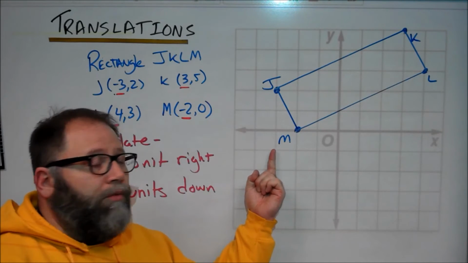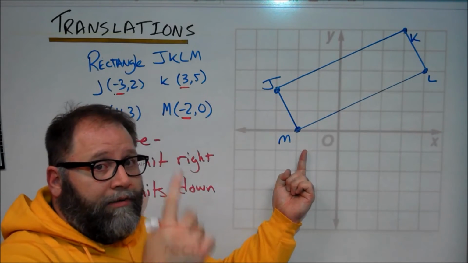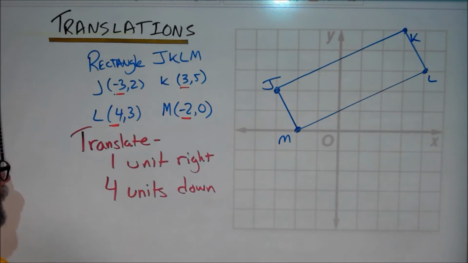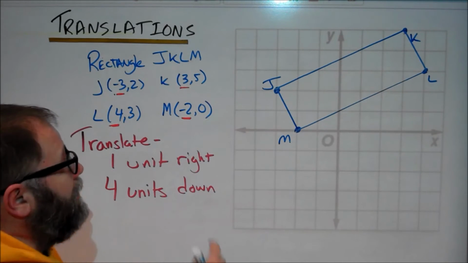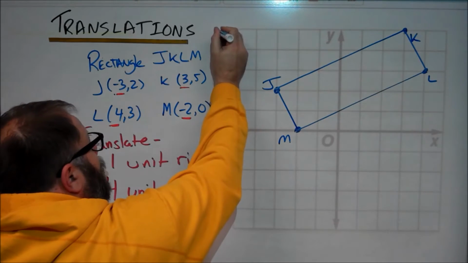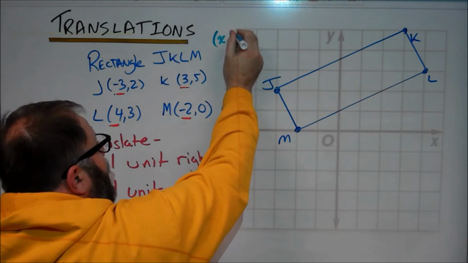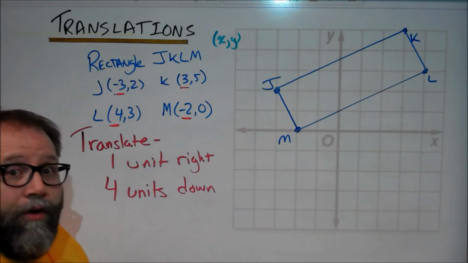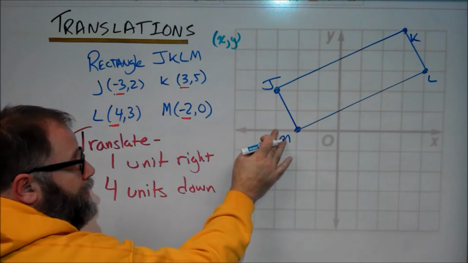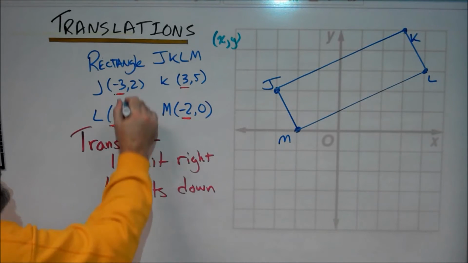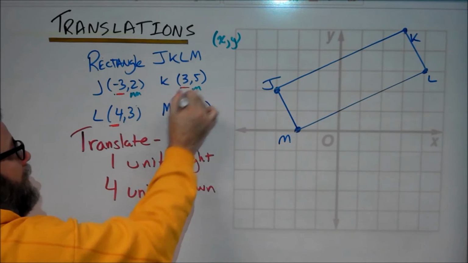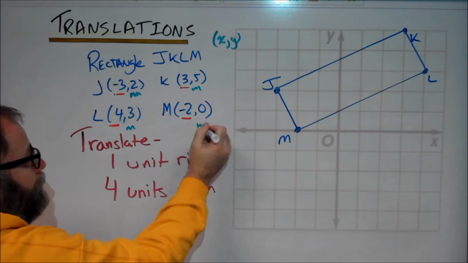Likewise, 4 units down means Y, in our ordered pair, which looks like X then Y, would decrease by 4. So every one of these y values is going to decrease by 4.